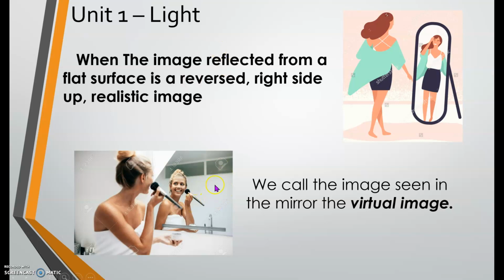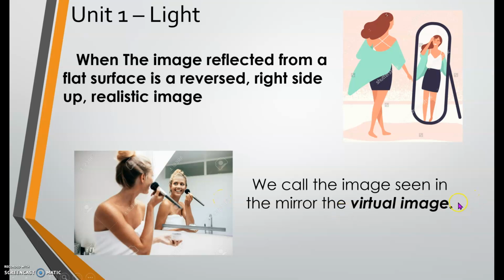So, for example, when the surface is smooth as this mirror, the image or the reflection we see is very clear and sharp. That's why we use the mirror to put on our makeup. We can see the eyes, the nose, the lips. It's very sharp because the surface of the mirror is very smooth.